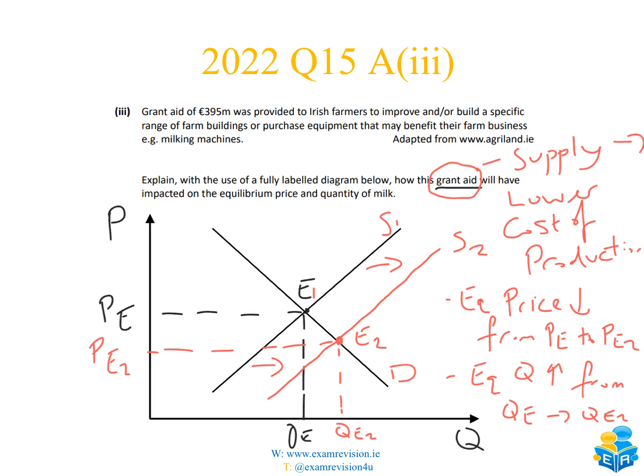Again, that's very shorthand. Obviously, you'd write that in full words. You wouldn't be using arrows, etc. But you get the idea.